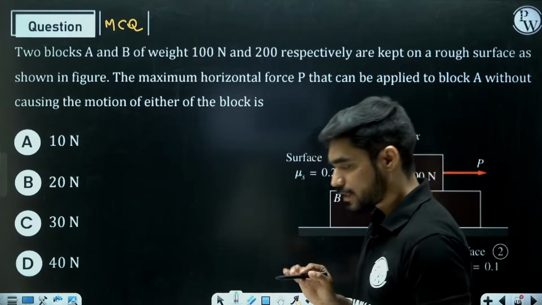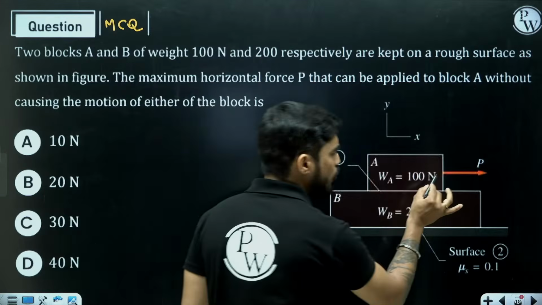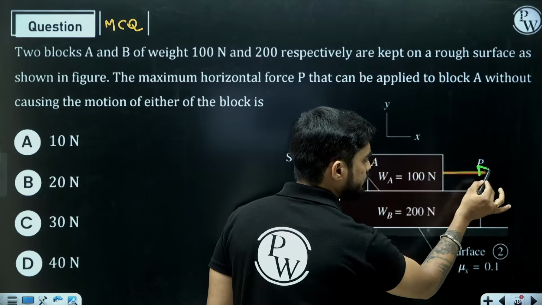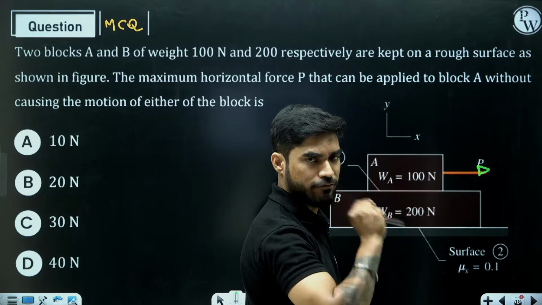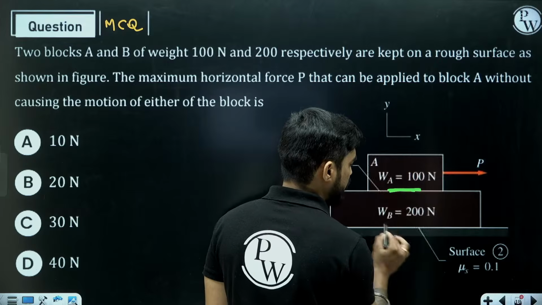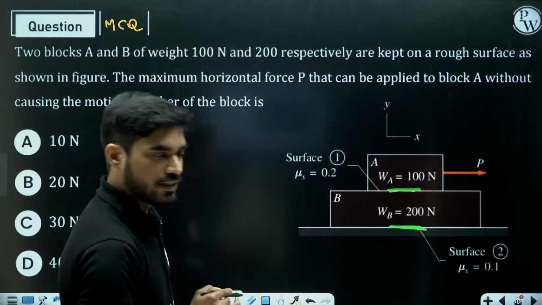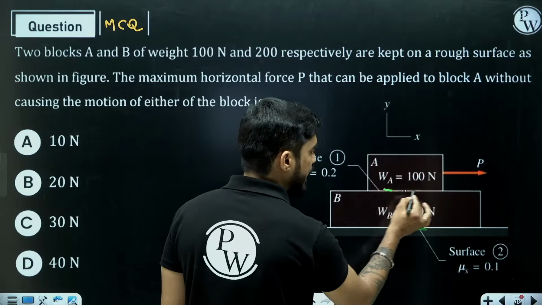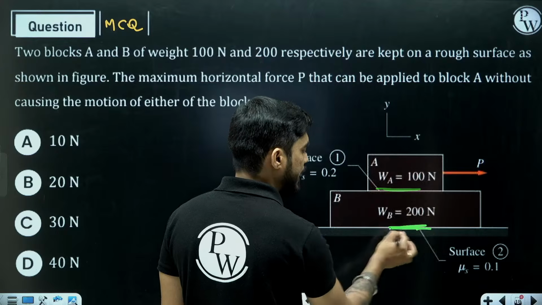Okay, see, when you apply a force P here, there are two surfaces where the friction force will be acting. There will be one friction force here and there will be one friction force here, right? There will be one friction force between A and B. There will be one friction force between B and this one.